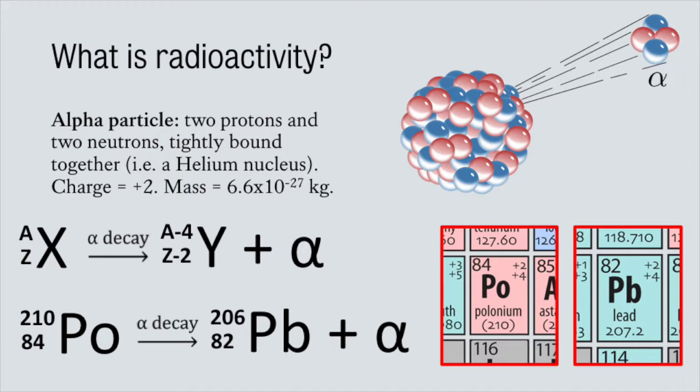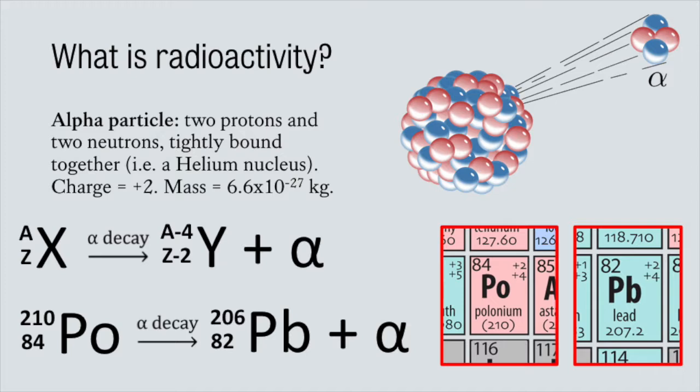Let's see what effect the alpha decay has on the mass number A and the atomic number Z. Because 4 nucleons are being emitted as a result of alpha decay, the mass number A decreases by 4. Conversely, the alpha particle contains 2 protons.